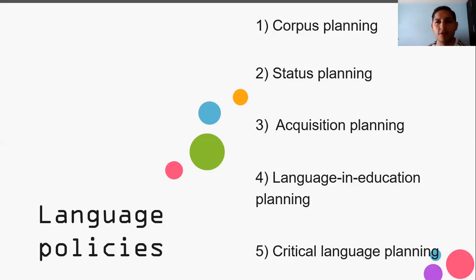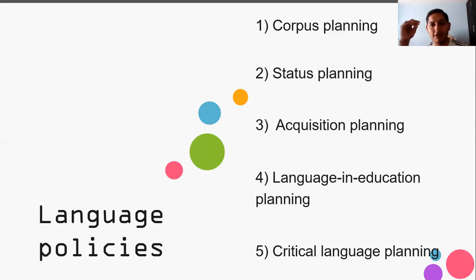We also have acquisition planning that involves direct instruction, independent language study, and other efforts to motivate people to acquire or learn a particular language or variety, which is basically familiar with our context. You have language in education planning that refers to instances of language planning that take place within the domain of education and schooling.